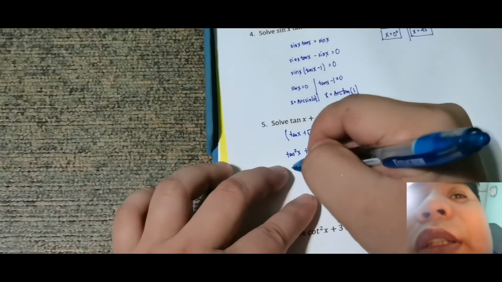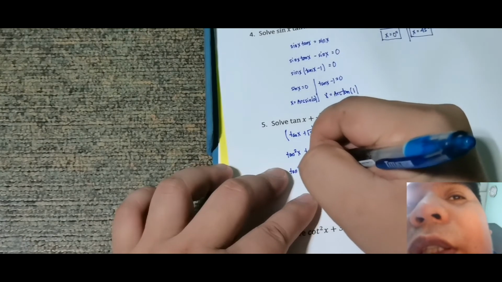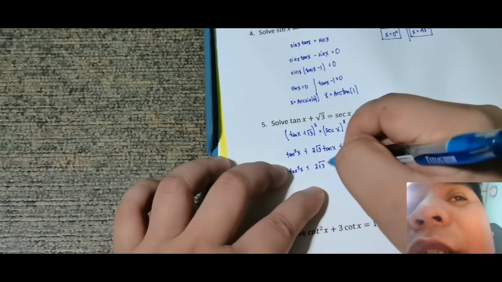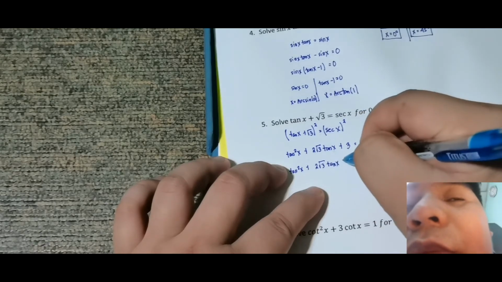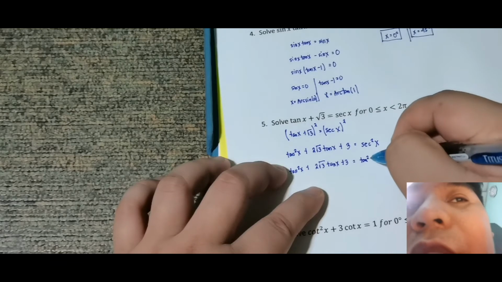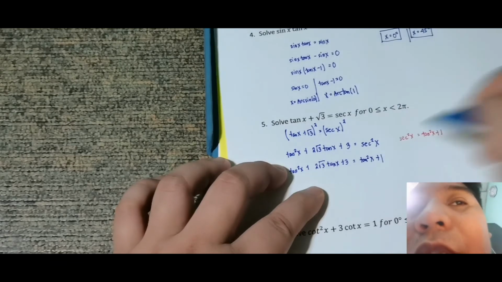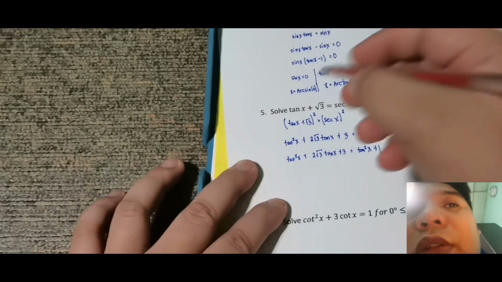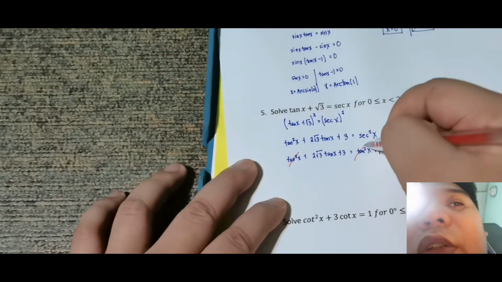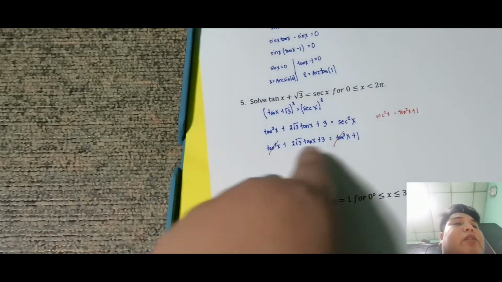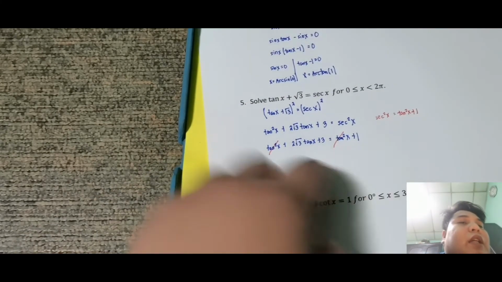So this is simply tangent squared x plus 2 square root of 3 tangent x plus 3 is equal to tangent squared x plus 1. And obviously, pag nagkaroon tayo ng transposition or transpose, cancel to. Okay, so madi-disregard natin yung part na yan. So meaning, ang tira na lang itong mga may number. So 1 minus 3 is negative 2.